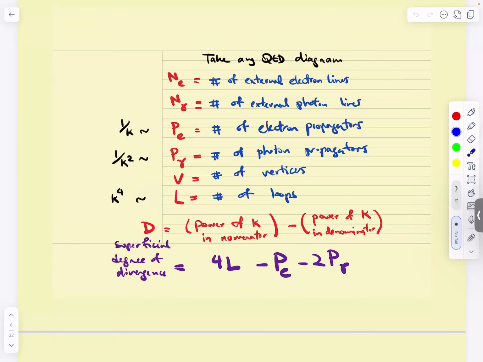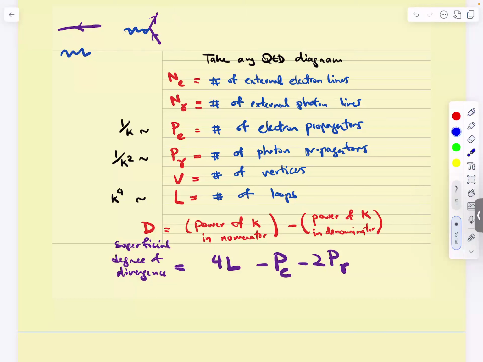All right, consider QED. What are the Feynman diagrams like? You have the fermion propagator, you have the photon propagator, and then you have the vertex. This is all you have. This is QED.